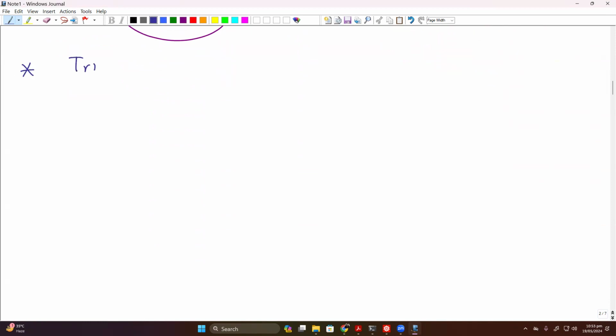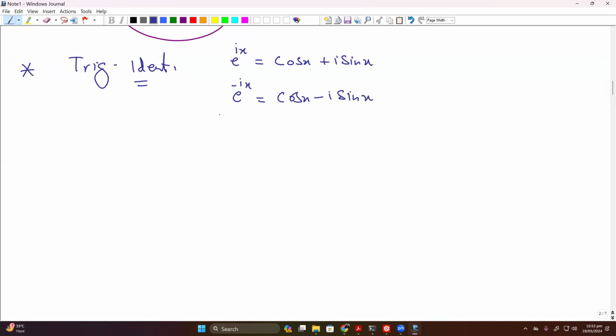So, trig identities from Euler's formula. I'll derive some trigonometric identities. For this purpose, let me quickly consider e to the ix in two different forms. e to the ix is equal to cos x plus i sin x, and e to the minus ix is equal to cos x minus i sin x.